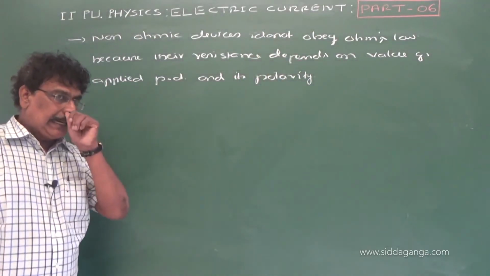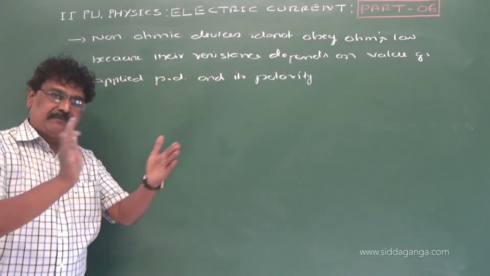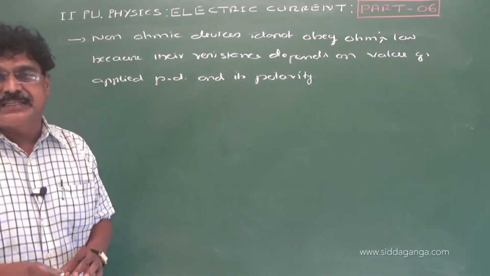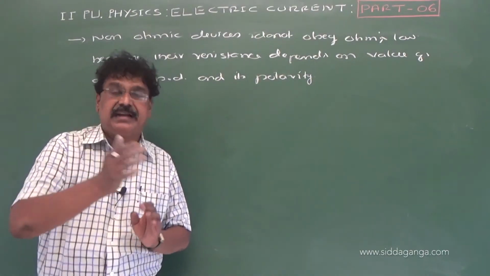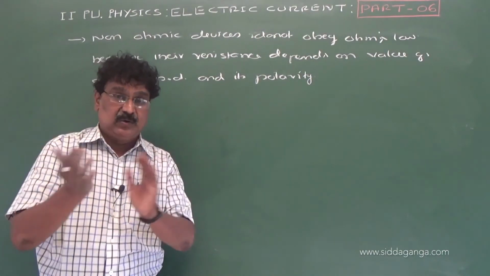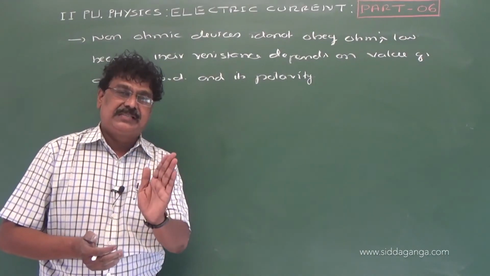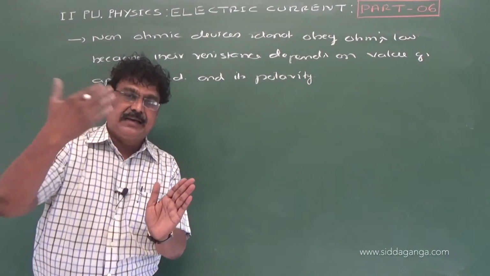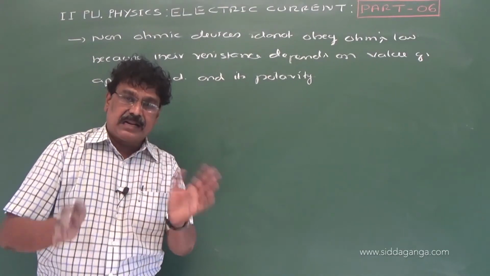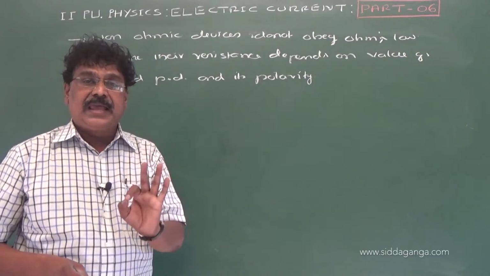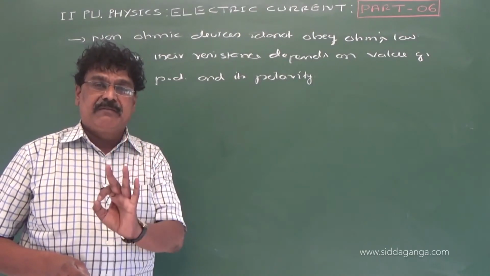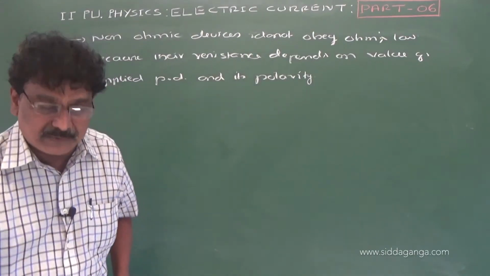Generally, when we take a transistor, a semiconductor transistor having 3 terminals, having 2 junctions, one junction is forward biased and the other junction is reverse biased. So that is the reason why non-ohmic devices do not obey Ohm's law.